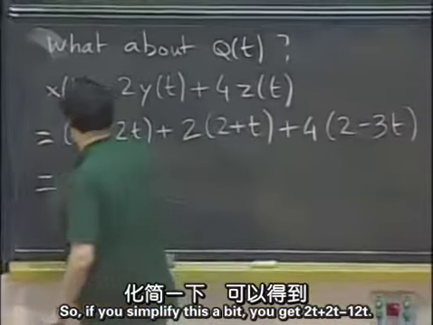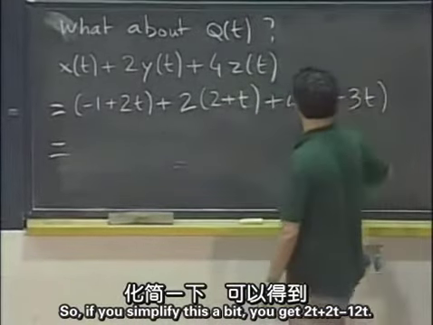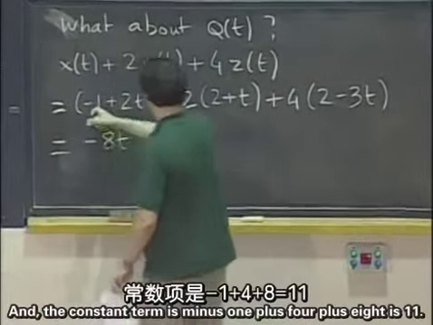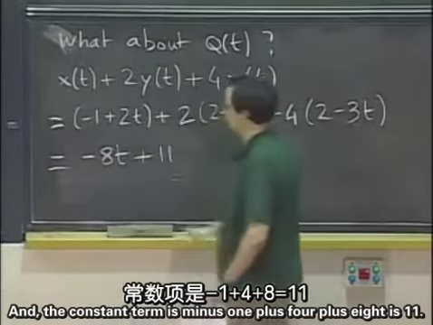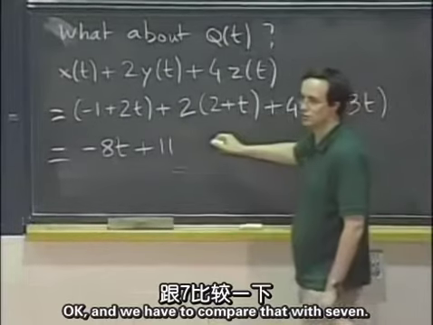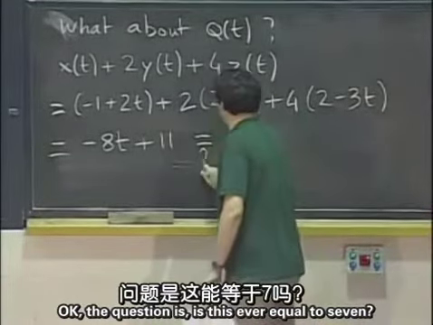So if you simplify this a bit, you get 2t + 2t - 12t, that should be -8t. And the constant term is -1 + 4 + 8, which is 11. Okay, and we have to compare that with 7. Question is, is this ever equal to 7?